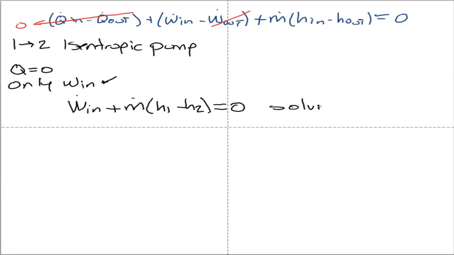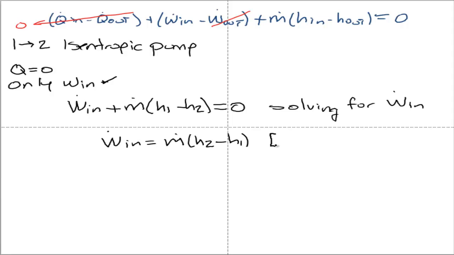If we solve for the work, we have that the work is equal to the mass flow rate times the enthalpy difference, that is the enthalpy at the end minus the enthalpy at the beginning, so enthalpy 2 minus enthalpy 1, and the units are kilojoules per second or kilowatts.